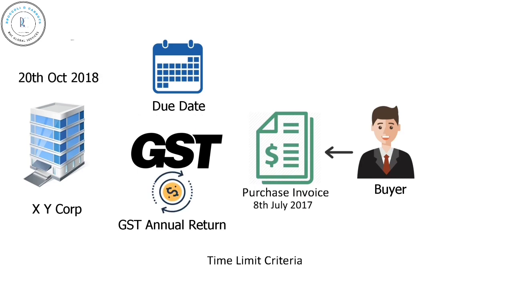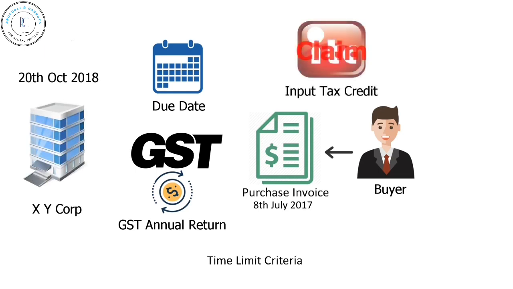Therefore, the date is 20th of October 2018 and XY Corp can claim this ITC in any of the months between July 2017 to September 2018. Note: for debit notes, the above condition must be considered with respect to the original invoice date.